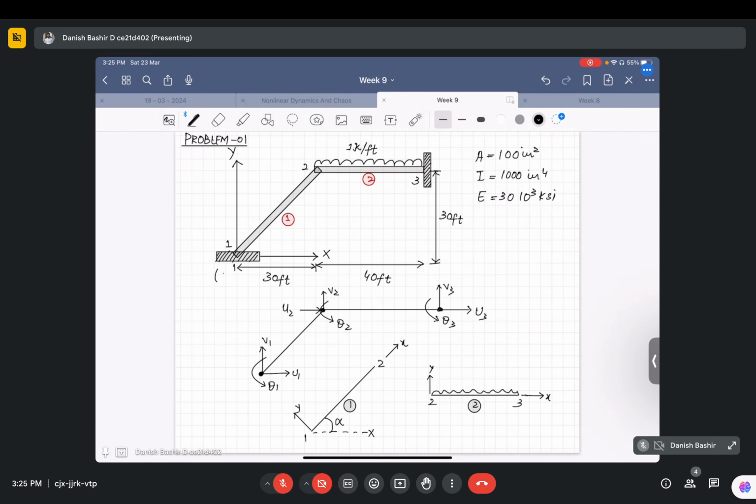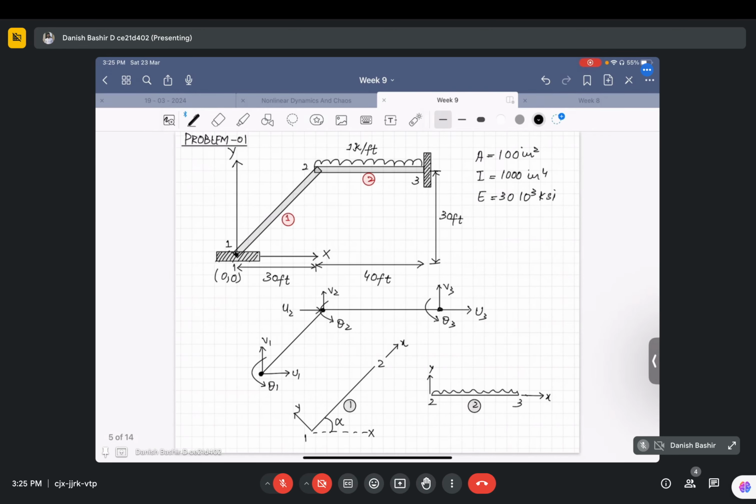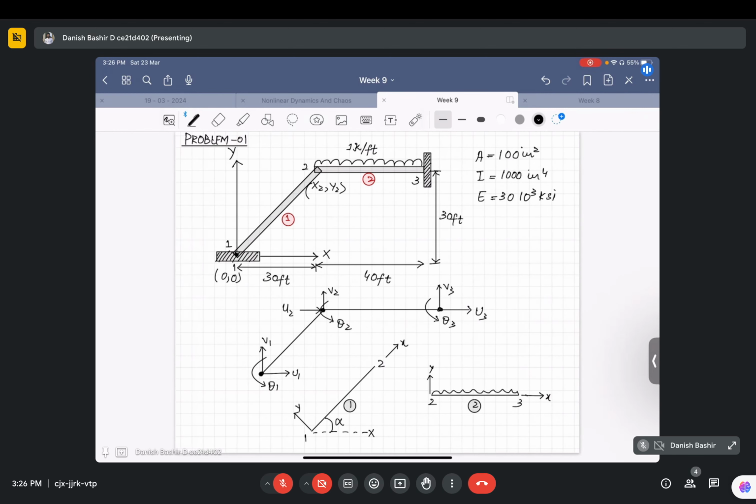If we choose this to be 0 comma 0, nodal coordinate x1 is equal to 0, and y1 is also equal to 0, and x2, if you clearly look, is x2 comma y2. x2 is 30 feet. 30 feet means 30 into 12 is equal to 360 inches.